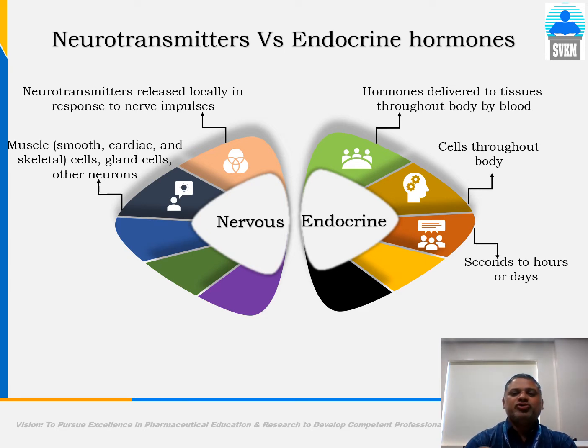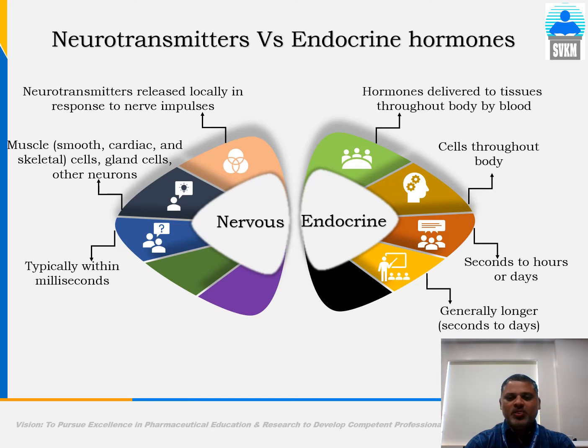The onset of action for the endocrine hormones is measured in seconds, hours, or even days to produce a cellular effect. In comparison, neurotransmitters start to show an effect within milliseconds.